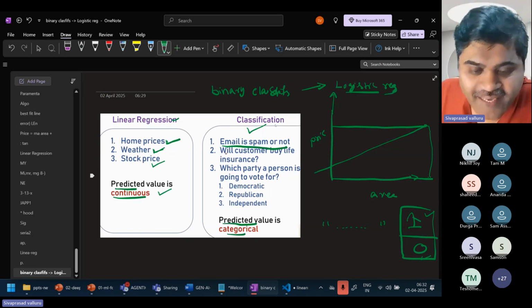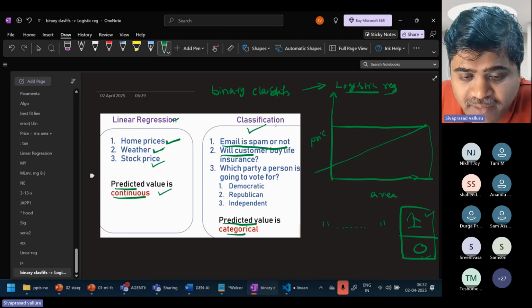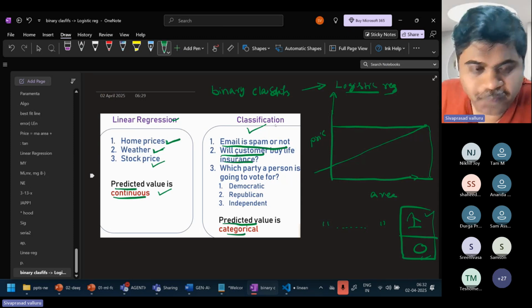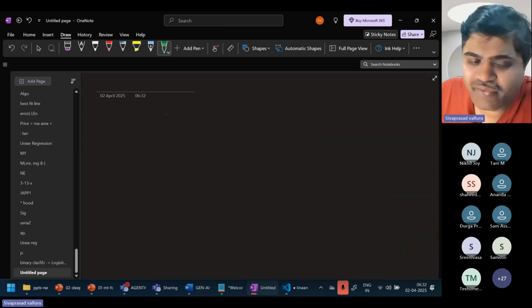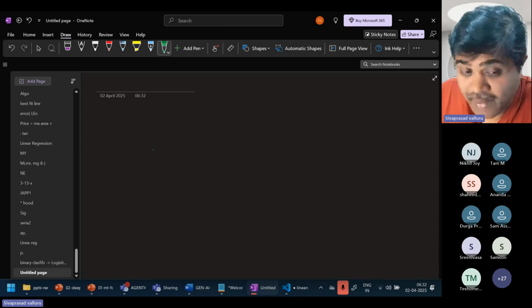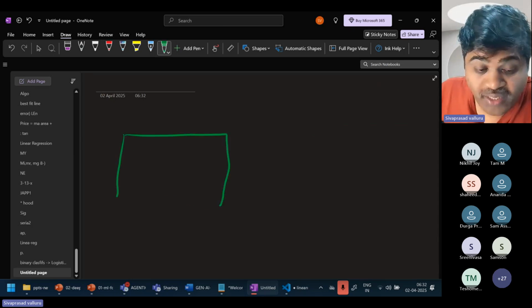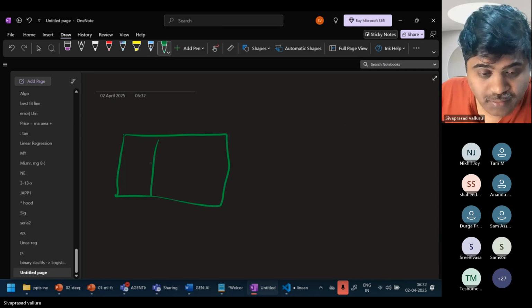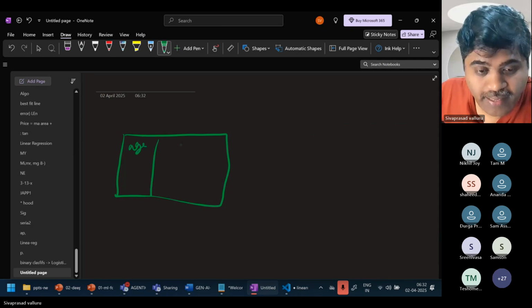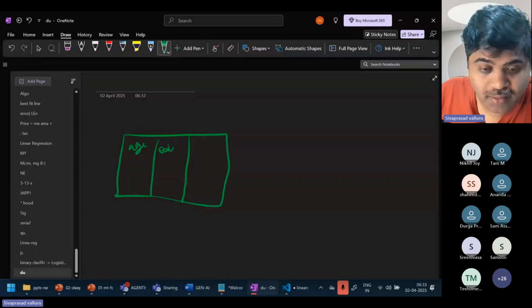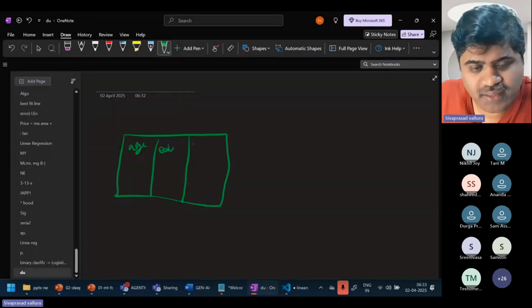And again, let us take another example, whether a customer will buy an insurance or not. Whether a customer will buy an insurance or not might be dependent on various factors, like what is the age of the person, what is the education of the person, and maybe what is his income.